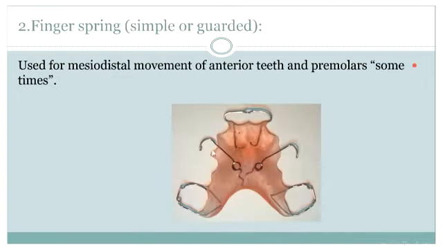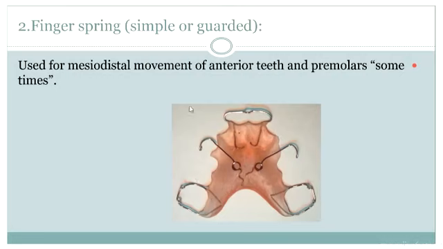Here is the finger spring, another type of spring used with the removable appliance, simple or guided, in different configurations according to the recommendation. It is used for mesiodistal movement of the anterior teeth and sometimes in the premolar area. This type of spring is used if the teeth are located within the line of the arch.